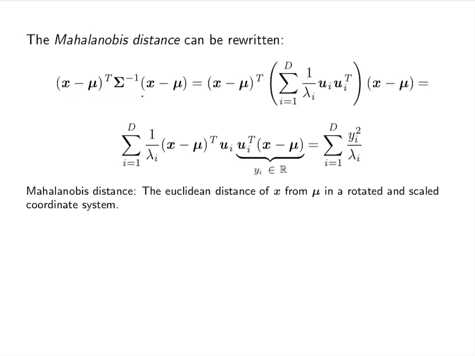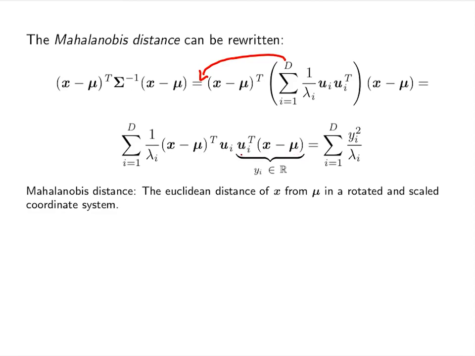So we take this expression, we plug in our decomposition for the inverse covariance matrix, then we do a little bit of shuffling. In this case, we put the sum in front of the whole expression and we shuffle some terms around so that we get to this scalar product, right?